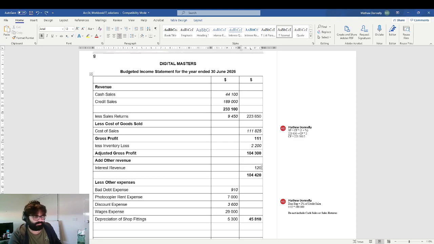And then let's readjust all these numbers.